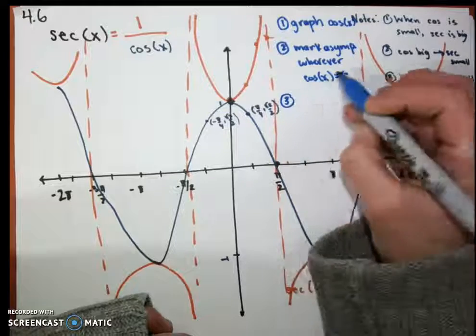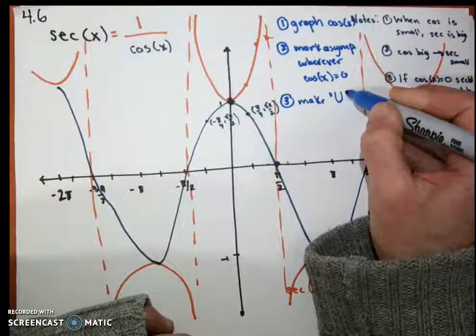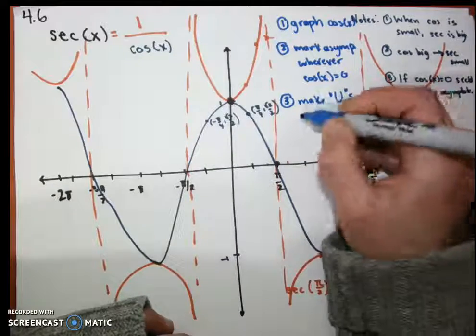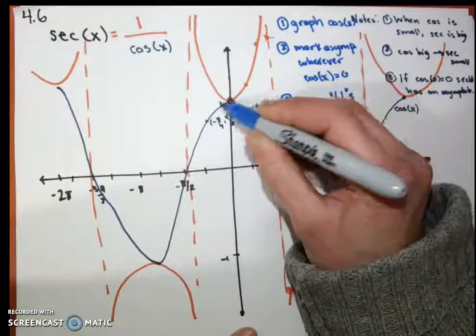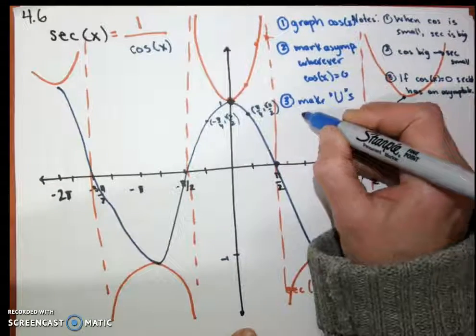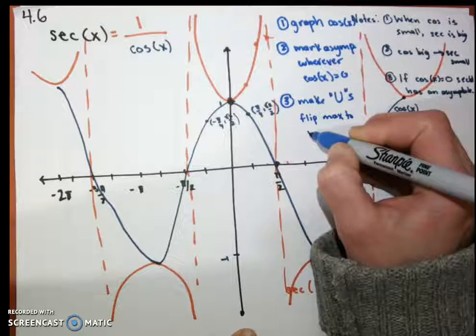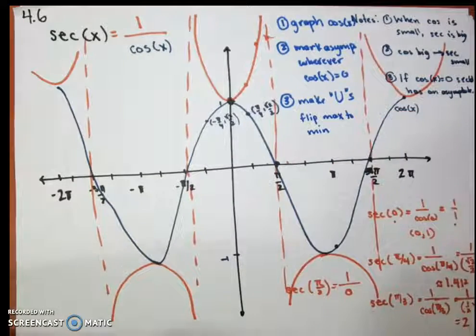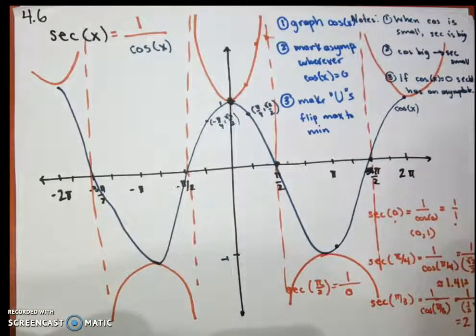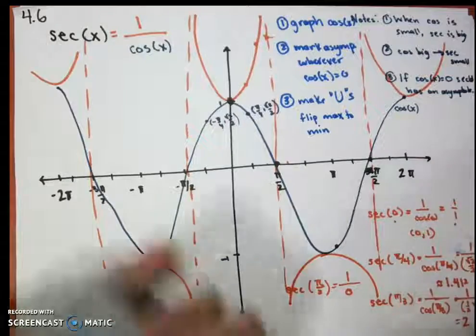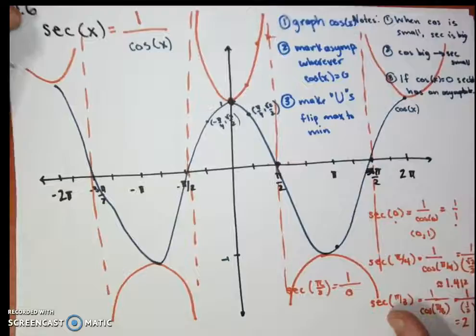And then third, I make U's by flipping maximum points to minimum points. So those are sort of the tricks, but you could always come up with the graph just by plotting lots of points like we were doing down here. So let's use these little tricks to come up with the graph of cosecant.